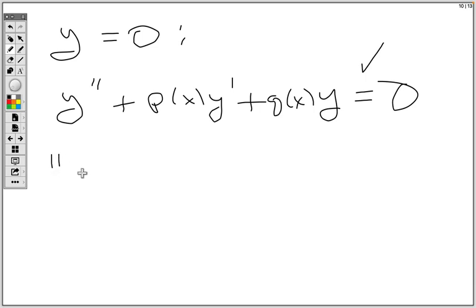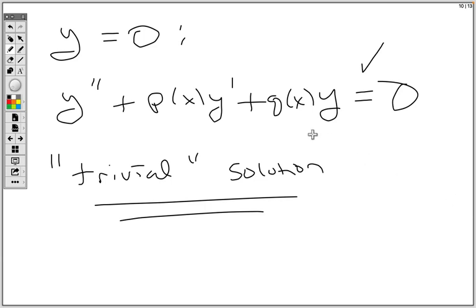So this is called the trivial solution. Because you take the derivative of 0, you just get zeros, and zeros times anything is 0, and add up a bunch of zeros, you get 0. That's called the trivial solution.